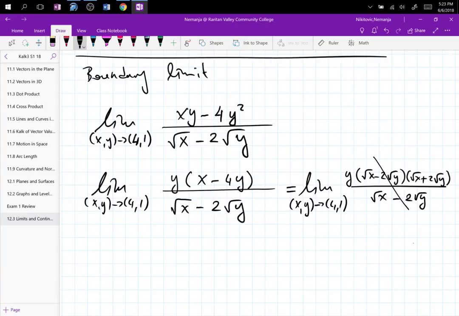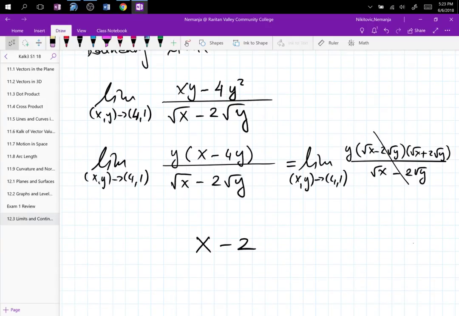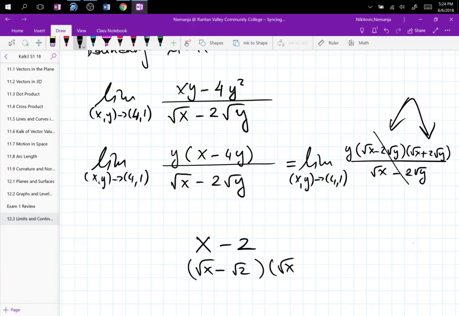I know. Who would say that you can factor x minus 2? This is what I did. I factored out x minus 2. Where does the x minus 4y go? Into these two. I factored it by writing, let's say, root x minus root 2 times root x plus root 2. We can do that.